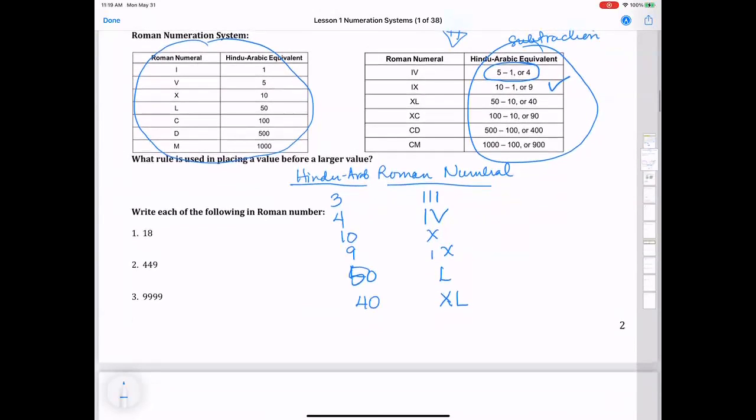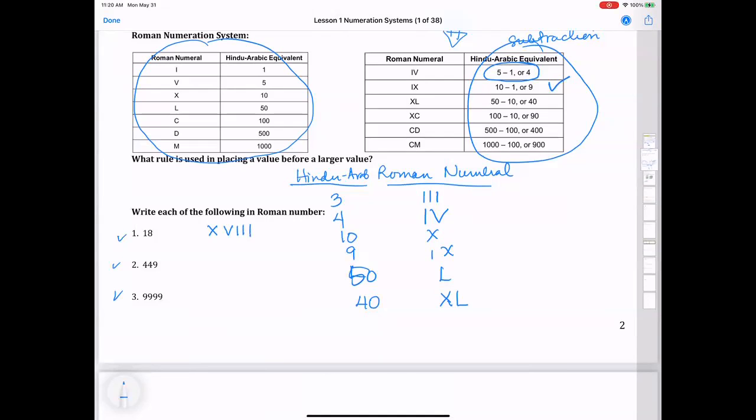So I would like to invite you to try writing each of the following numbers in Roman numerals. You can pause the video and then I'll let you check your answers. Okay, so let's begin. 18. 18 is 10 plus 8. So 10 is X, and 8 is 5 plus 3. So how about 449?